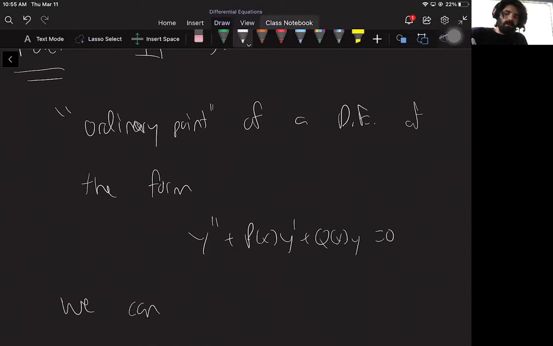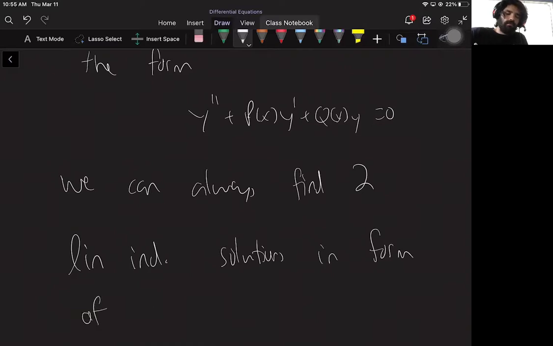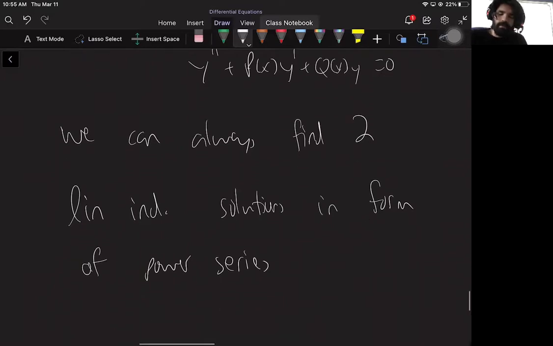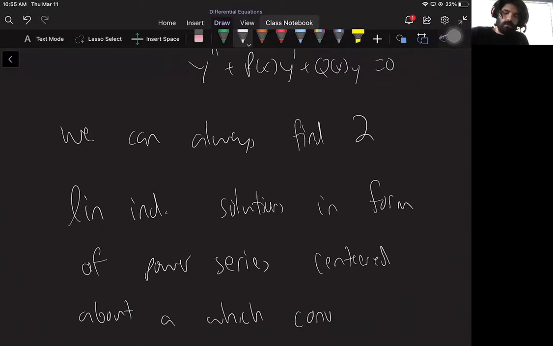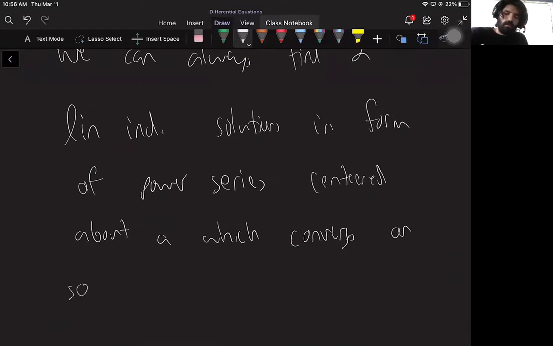Then you can always find 2 linearly independent solutions in the form of power series, centered about A, which converges on some radius, some interval. And that's what we did today.